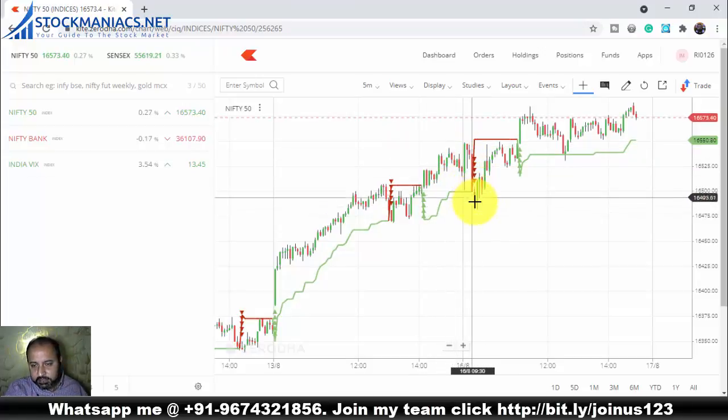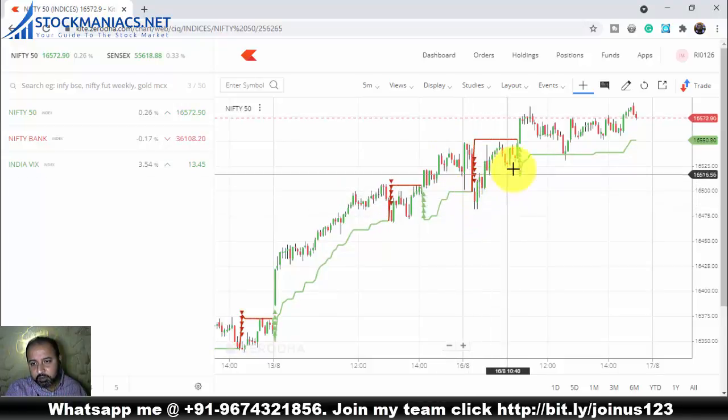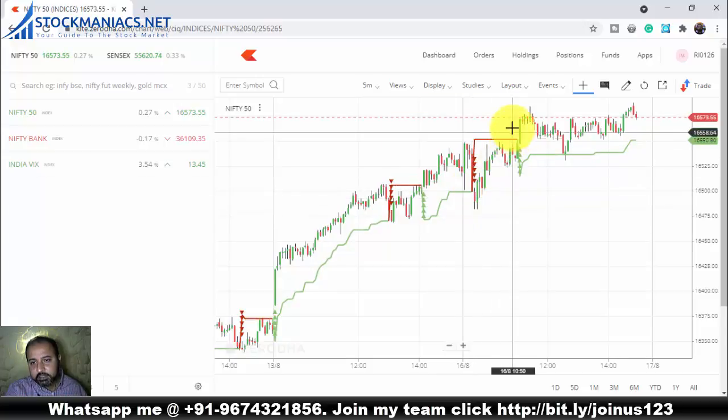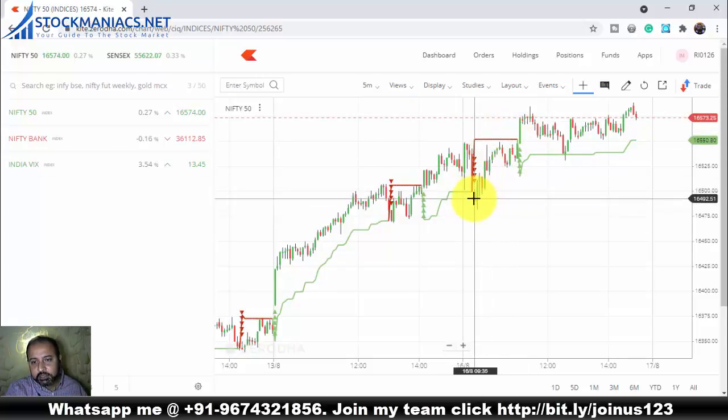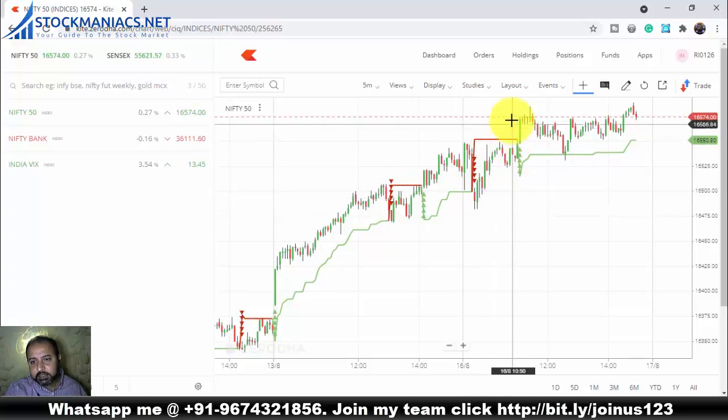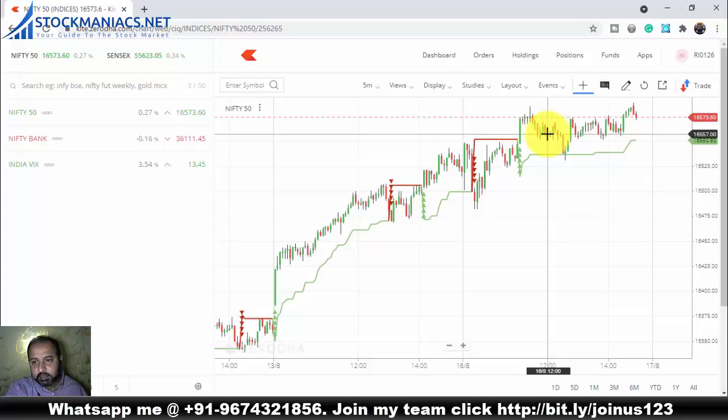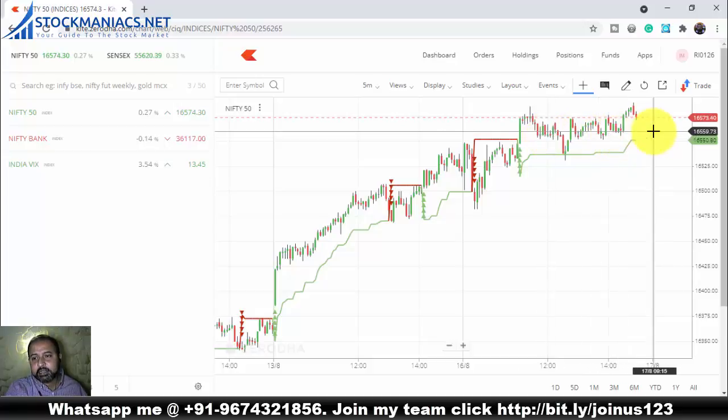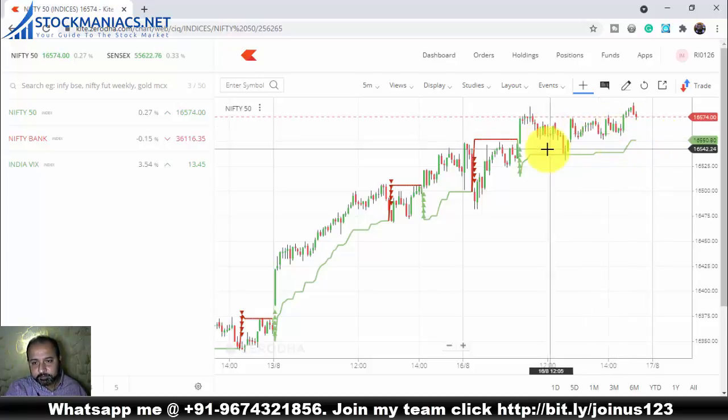Then once again there was a sell signal. You can see once again the sell signal has not performed well and it has produced a loss. Here there was the shorting price, here there was the exit price. Then there was a buy signal. The buy signal is currently moving sideways, but it can produce profit in future.